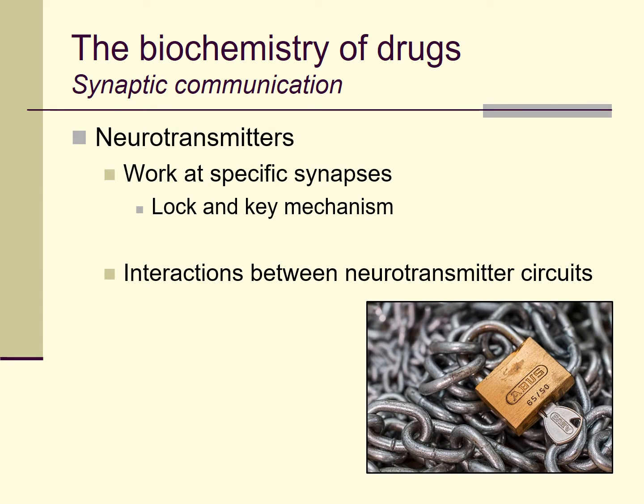Neurotransmitters work because they are molecules which bond to specific receptors on the dendrites of different neurons, and we sometimes analogize this to a lock and key mechanism, where a particular neurotransmitter is like a key. It has a certain macromolecular shape depending on how the molecule is folded, and it will fit into the surface of the receptor, which is a complex molecule on the dendrite of a neuron.